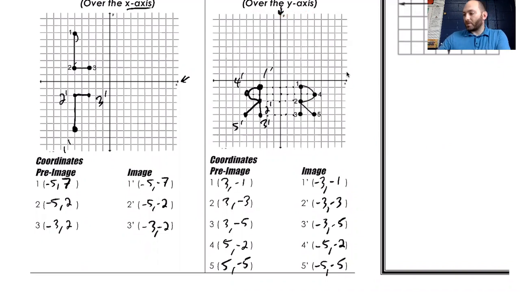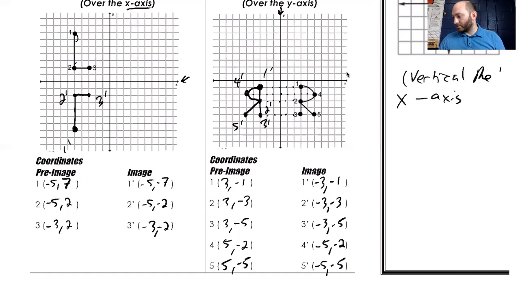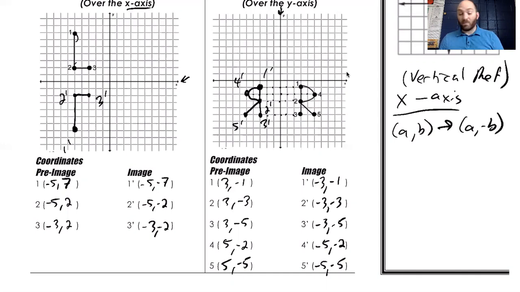Okay, now that you're back, if I look at these points, if I am reflecting over the x-axis, that means I'm doing a vertical reflection. The rule is this: if I have a point (A, B), it's going to go to the point (A, negative B).